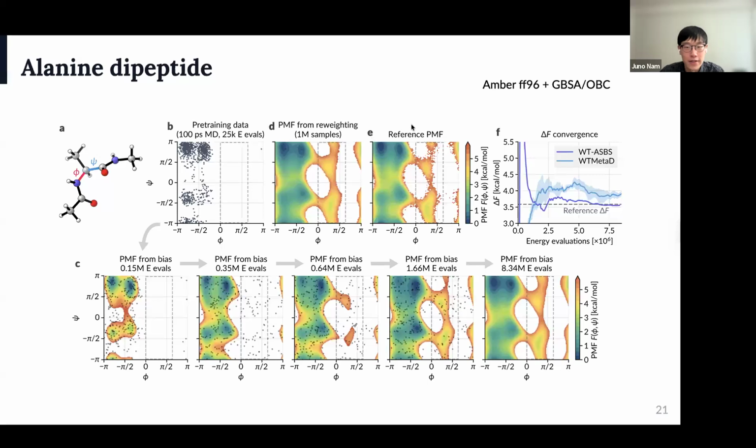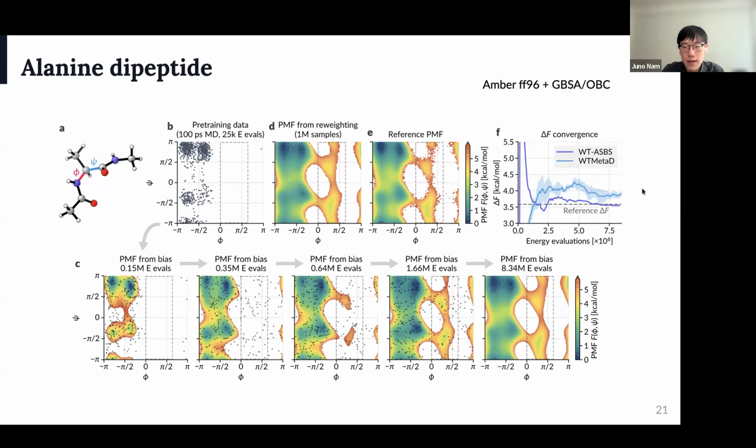And in this case, we can also look at the free energy convergence between the more populated mode versus the less populated mode. And we can see that we can get a free energy convergence reasonably fast, even compared to well-tempered metadynamics.